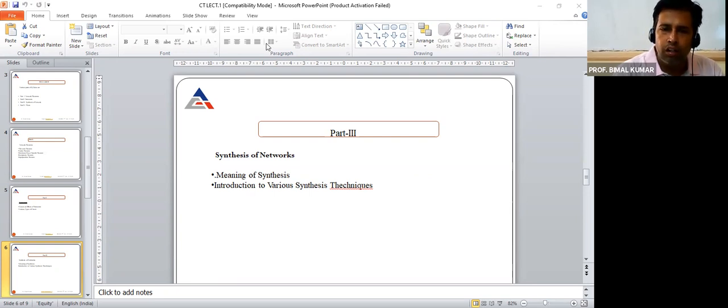Whenever some equation will be given to you in the form of some transfer function. What is transfer function? Laplace of the output over Laplace of the input. So Laplace is one mathematical tool which you will study in mathematics, in M3, applied mathematics 3.